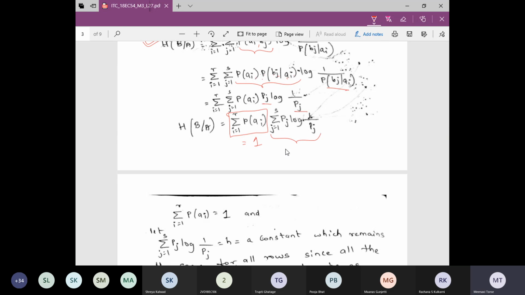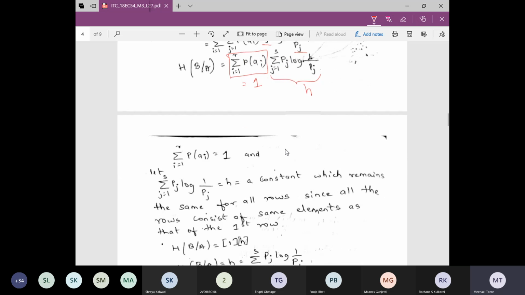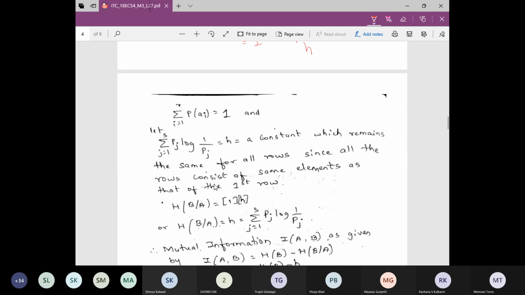If you observe the equation, this is the same as the entropy equation, summation p log of 1 by p, where j varies from 1 to s symbols. So this is nothing but entropy and it is represented by H, which is constant and remains the same for all rows. Why does it remain the same for all rows?